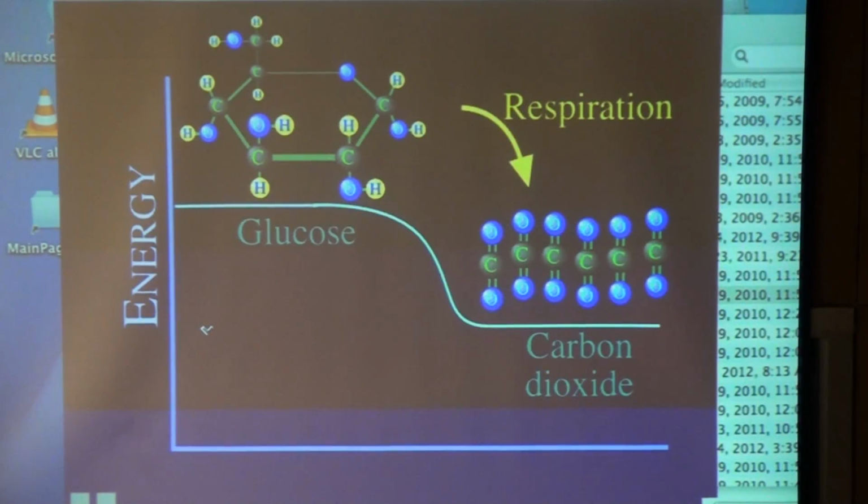So, just to kind of recap something, there's more potential energy here in the glucose than here in the 6 carbon dioxides that the glucose can turn into. So moving from here to here is a spontaneous downhill reaction, potential energy-wise, which, as I've been emphasizing a lot, you can think of as like water running downhill, that's loss of potential energy for the water.